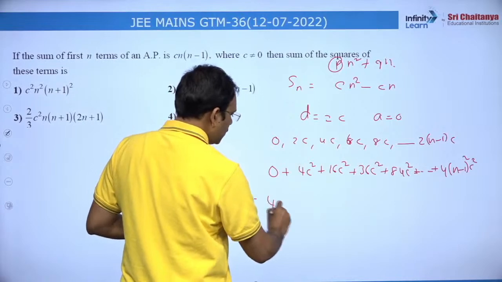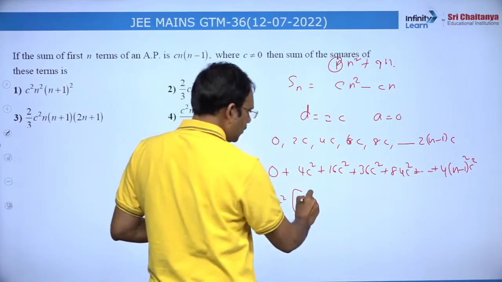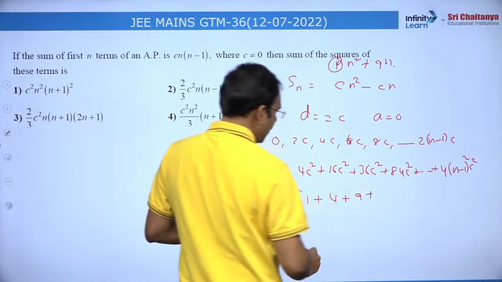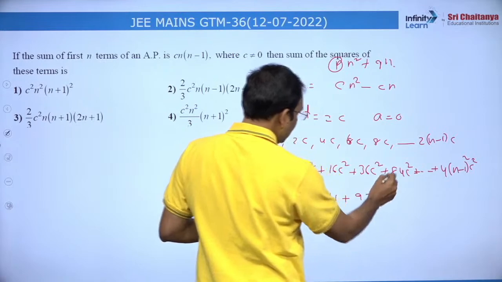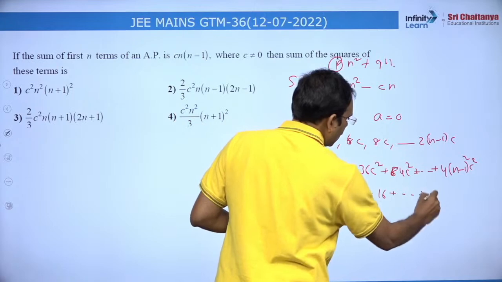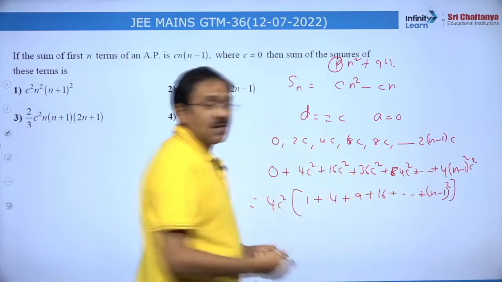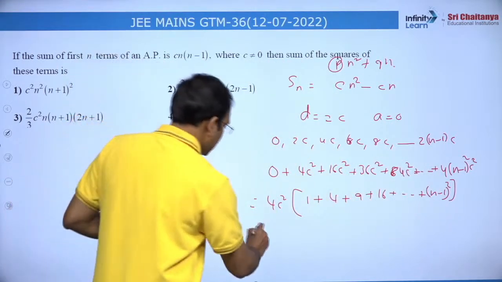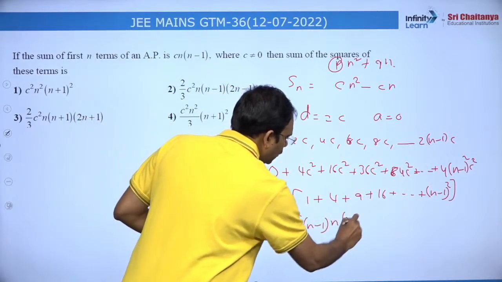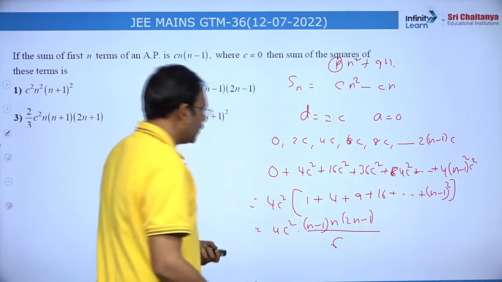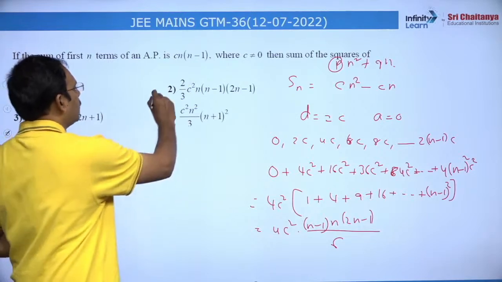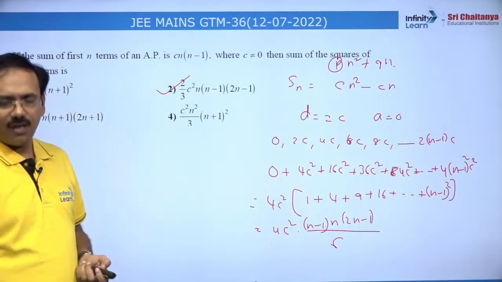You just take 4C squared common, dear friends, you will get 1 plus 4, of course 2 squared, plus 9, plus, you see this is 8 squared is 64, 4 means 16 and so on, up to n minus 1 whole squared, which is the sum of the squares of the first n minus 1 natural numbers. This is 4C squared into n plus 1 into 2n plus 1 by 6, which is going to be, friends, 2C squared by 3 into n minus 1 into 2n minus 1. The second option is the right answer, friends.